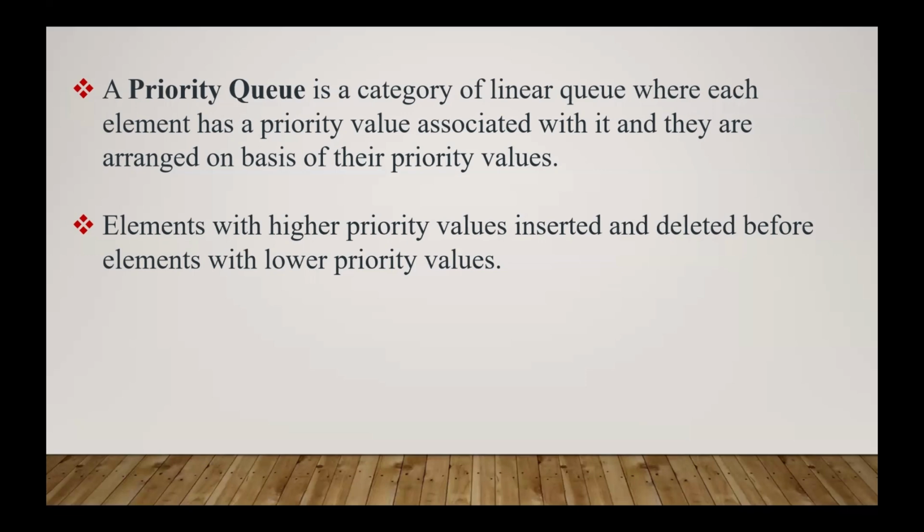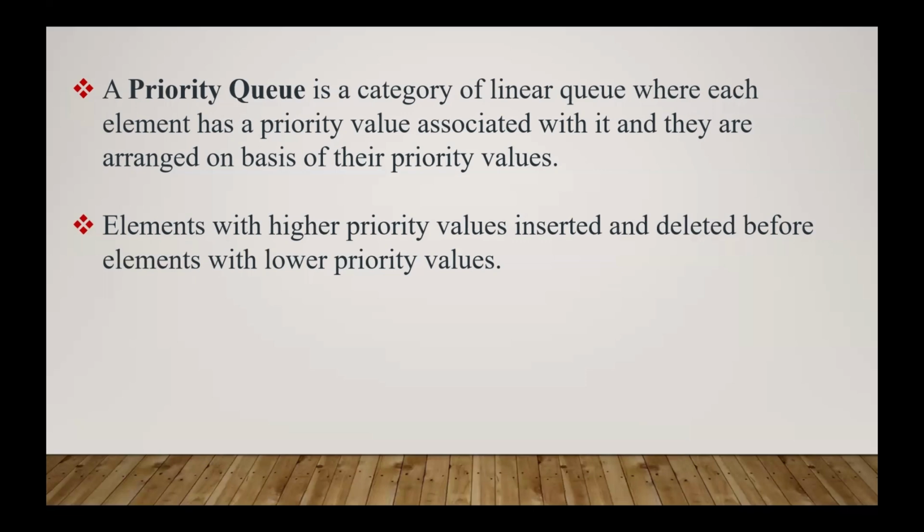So people are inserted into the queue with the priority value of senior citizen or woman carrying a baby. They board the flight first, meaning they are inserted into the queue first on the basis of priority value, and they are deleted from the queue on the basis of priority value. So this is called the priority queue.